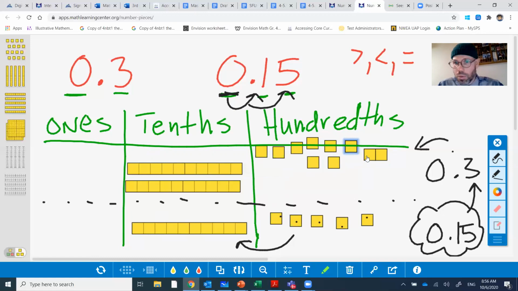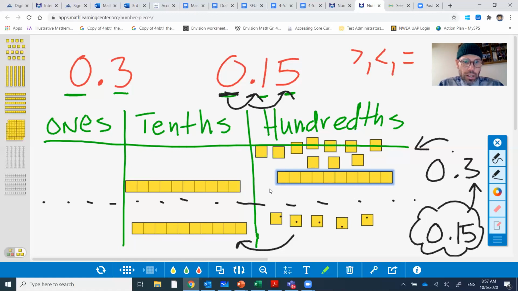Just like when we do with ones and tens. So knowing that, if we think about how much all of these tenths are, if we break them into little hundreds, well, there's 10 here, there's 10 here, so that's 20. And we can break that one apart as well so you can see it, right? So boom. Here's 20 little hundreds.